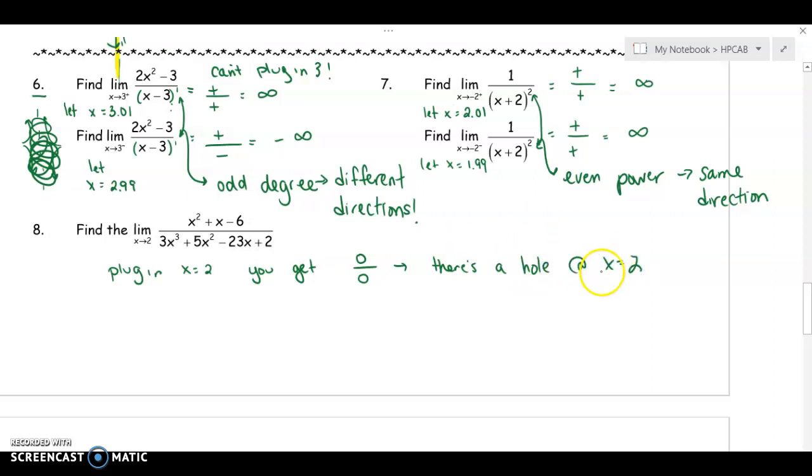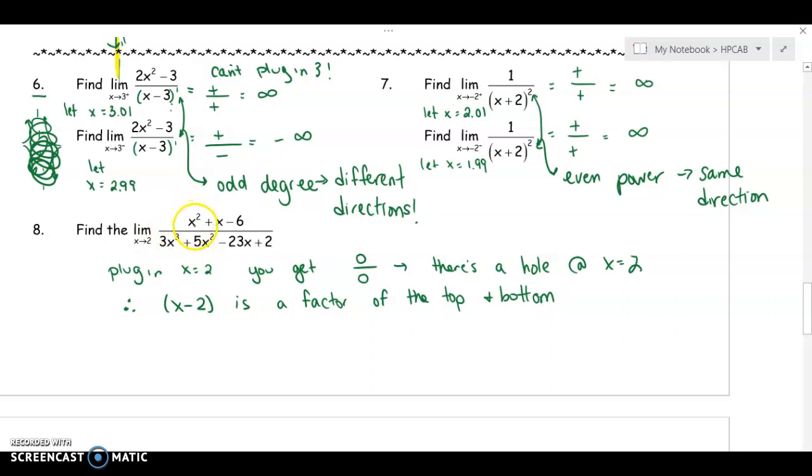If there's a hole at x equals 2, that means that, okay, therefore, x minus 2 has to be a factor of the denominator. All right, and the top as well. X minus 2 is a factor of the top and the bottom. The bottom is yucky to factor, but we're going to do it.